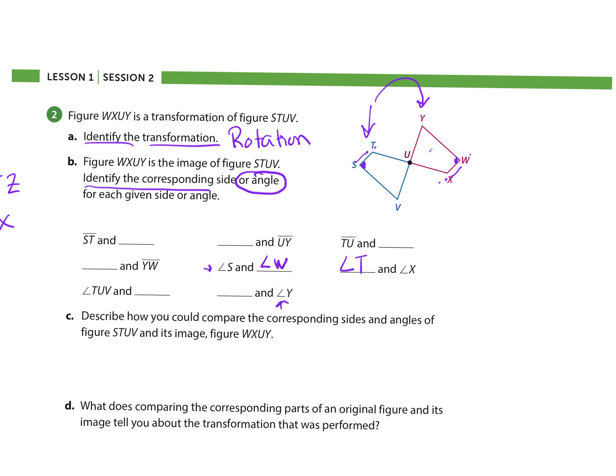Angle Y is up here. And since it was turned, see how it's nice and pointy like that? It's going to correspond to the pointy angle down here, which is angle V. And then we have one angle where they used all 3 letters. So angle TUV.